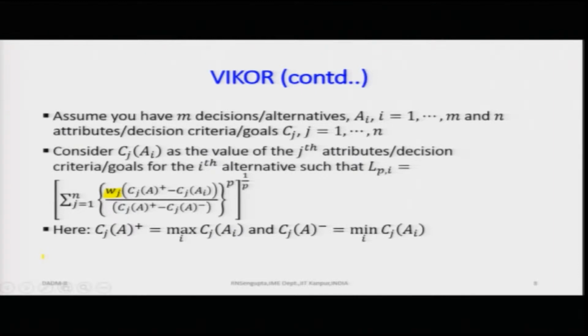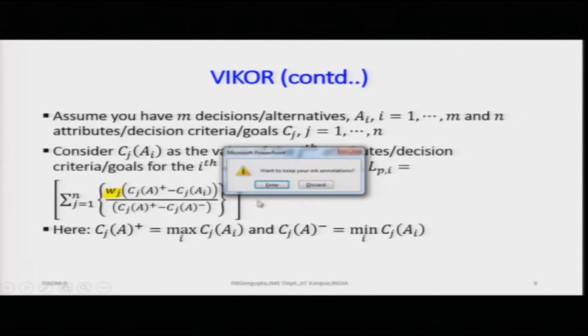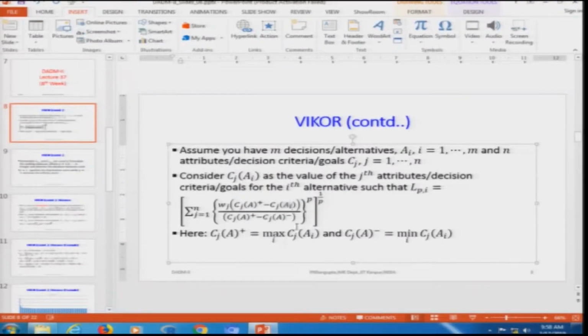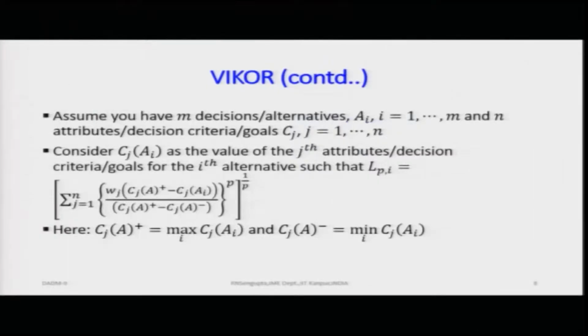If you look at the numerator and the denominator, in the denominator you have the difference between the max and the min as stated. So, Cj(A+) and Cj(A-). So, there is no confusion, A plus, minus, yes. So, we have this right.